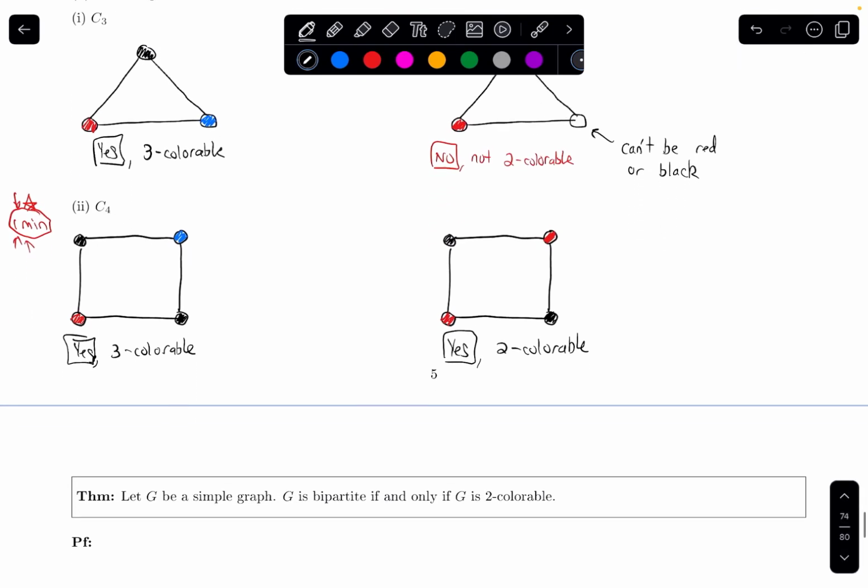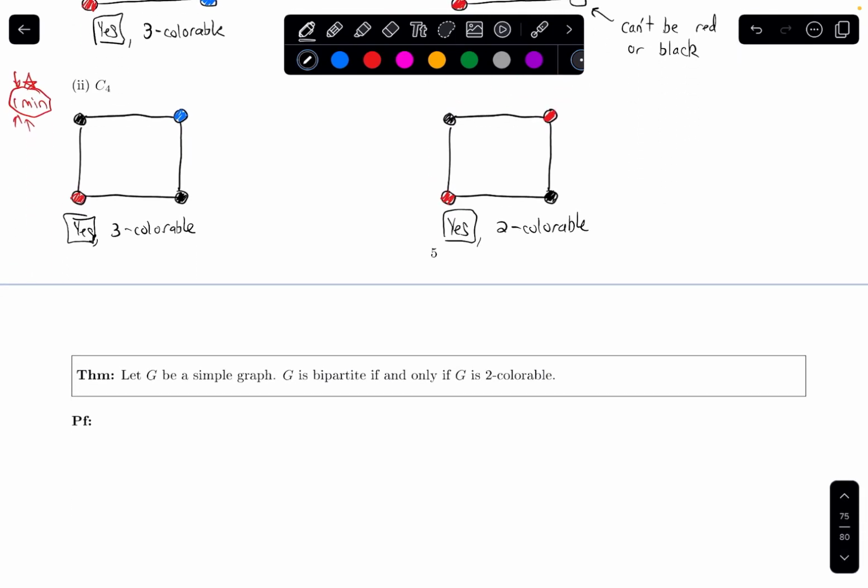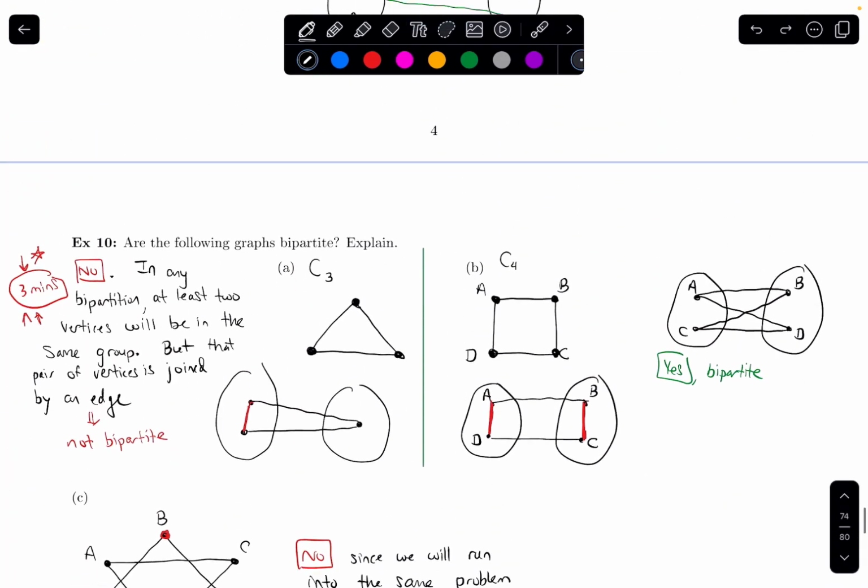So the big theorem of this video says that if G is a simple graph, that means no multiple edges, no loops, then G is bipartite if and only if G is 2 colorable. Okay, so let's recall, what does bipartite mean? We talked about this in the last video.